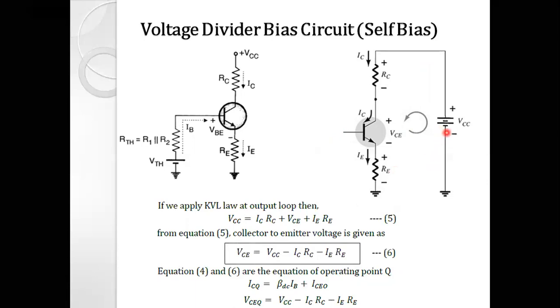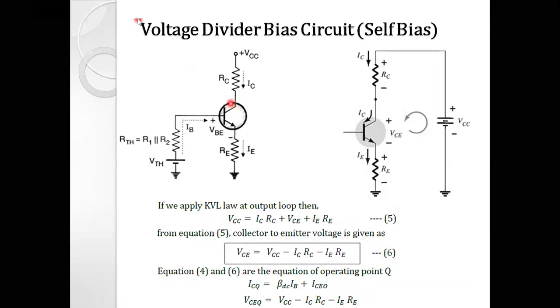Emitter portion is present. So VCC, then RC, then RE, and the transistor, right? When we apply KVL at the output side, we get equation number 5, and by rearranging the terms, making VCE the subject of the equation, we get equation number 6, which is nothing but the other coordinate of the operating point, right?